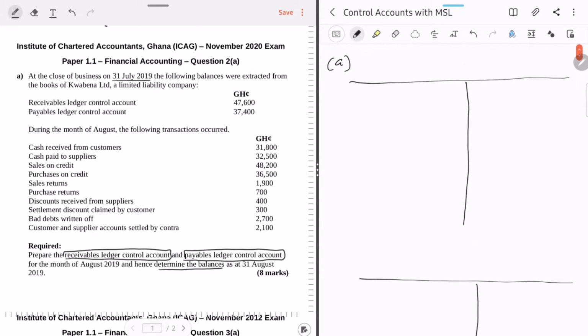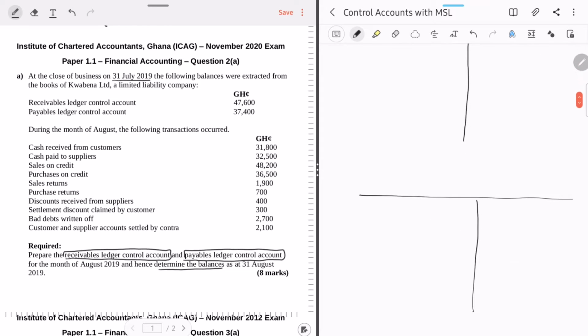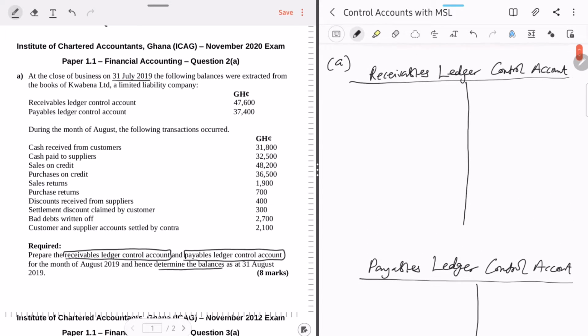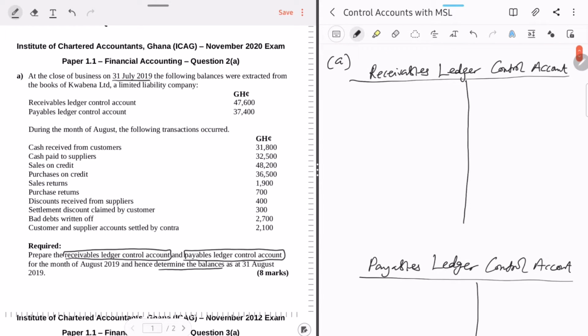So I call this my receivables ledger control account, and I call this my payables ledger control account. Good.